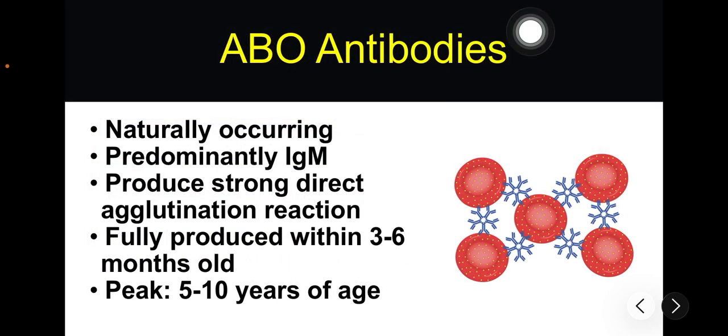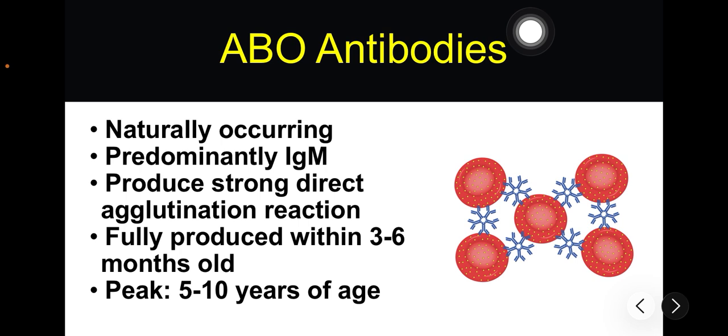Now let's talk about the ABO antibodies. They are naturally occurring because they are produced without any exposure to RBCs. Small quantities of IgG may also be present, but specifically for anti-AB, it's not a combination of A and B but a totally different antibody. ABO antibodies are otherwise known as isoagglutinins.